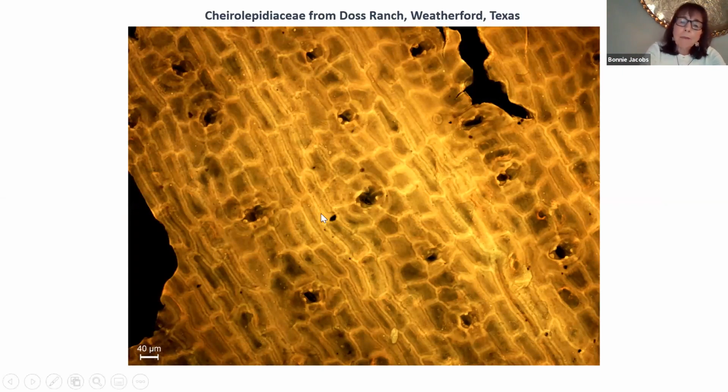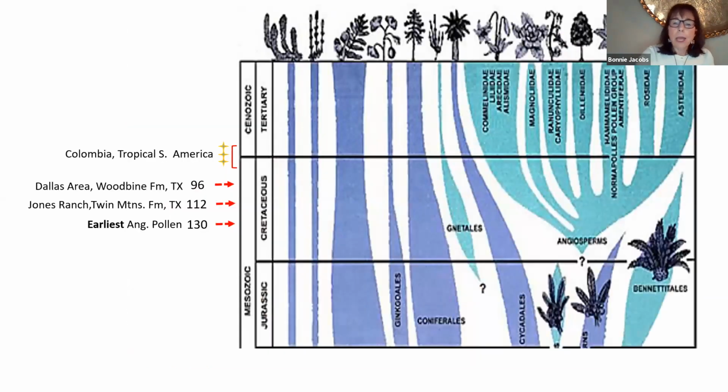And again, we have the same sort of plant. These are the stomatal openings, and you get the little papillae, little bumps that are overarching. That helps to protect the plant from water loss through the stomatal openings. Okay, so that is one of the sites from our North Texas area.